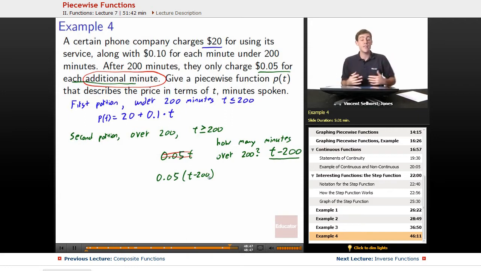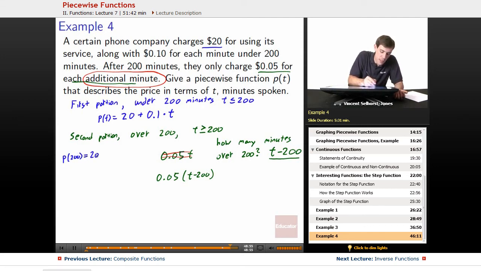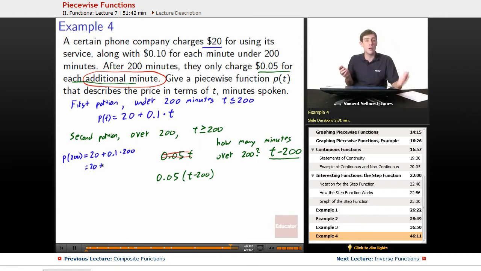So how much is it to even make it to 200 minutes in the first place? Let's see what it is from our first one. P of 200 would be equal to 20 plus 0.1 times 200. Just move the decimal place over 1, so it becomes 20. So 20 plus 20, 40. So it costs $40 to get up to 200 minutes.